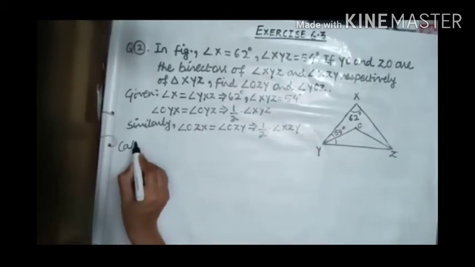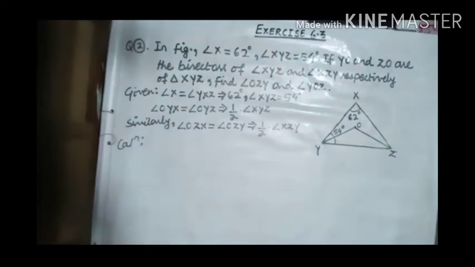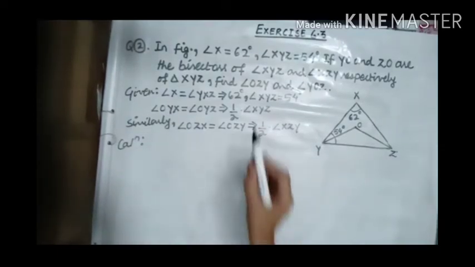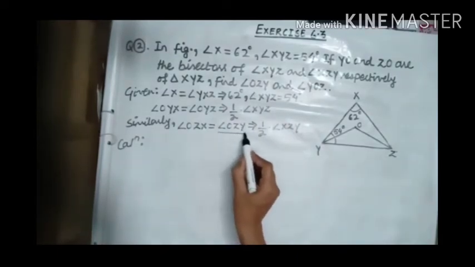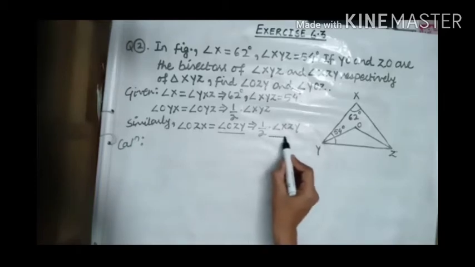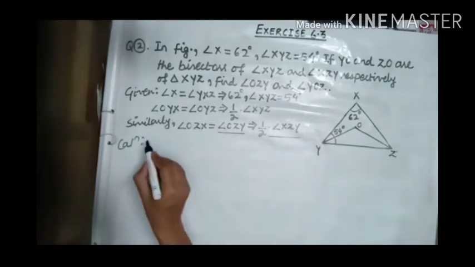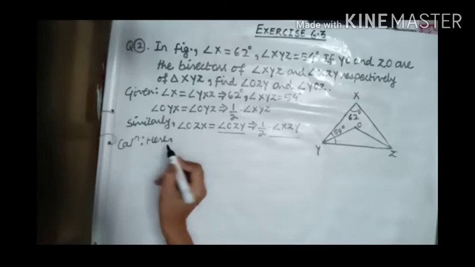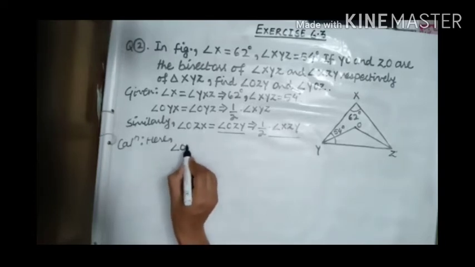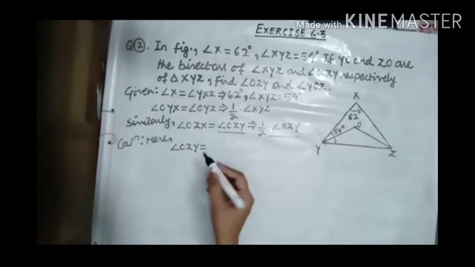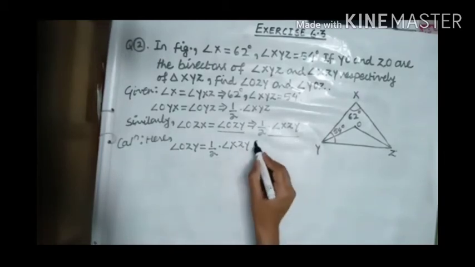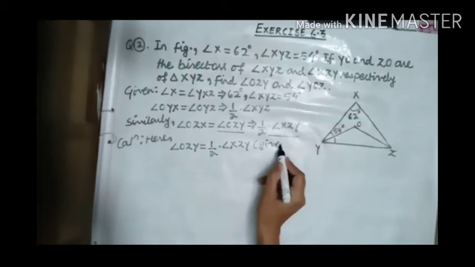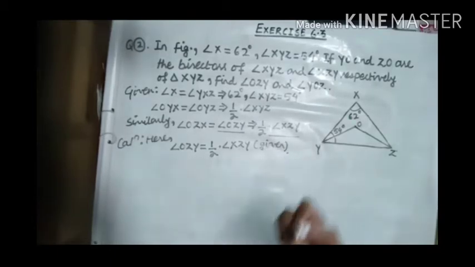Let's start the calculation. Here, in order to find the value of angle OZY, we use this relation that angle OZY is half of angle XZY. So here angle OZY equals half of angle XZY, and this we are given actually.